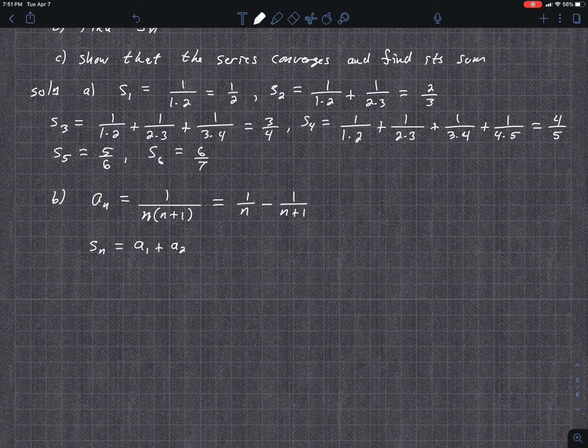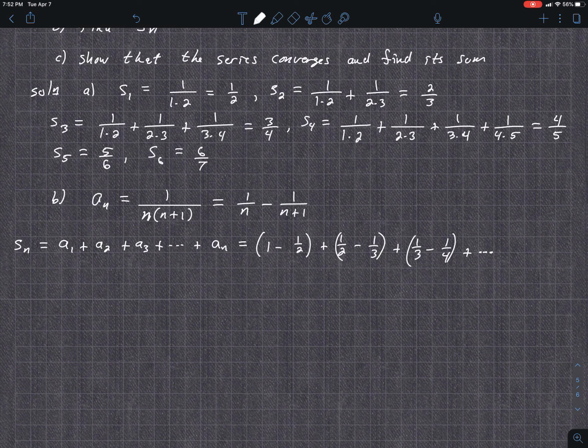So we can write out the partial sums in a different way. S sub n, we can write that as a1 plus a2 plus a3 plus etc., all the way to a sub n, which will equal 1 minus a half plus a half minus a third, and plus 1/3 minus 1/4.